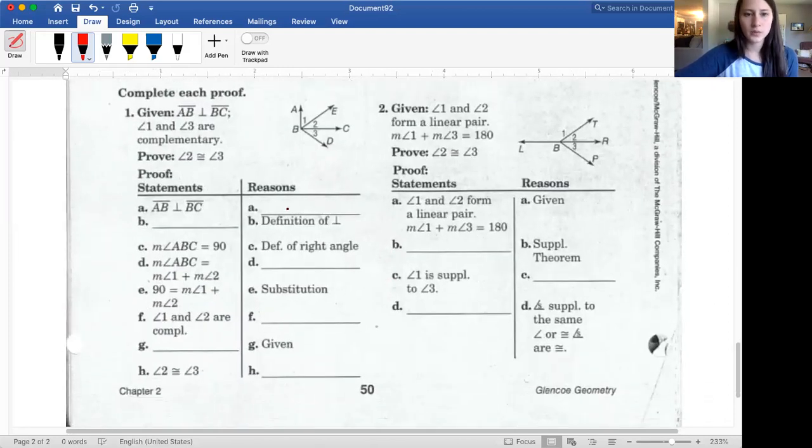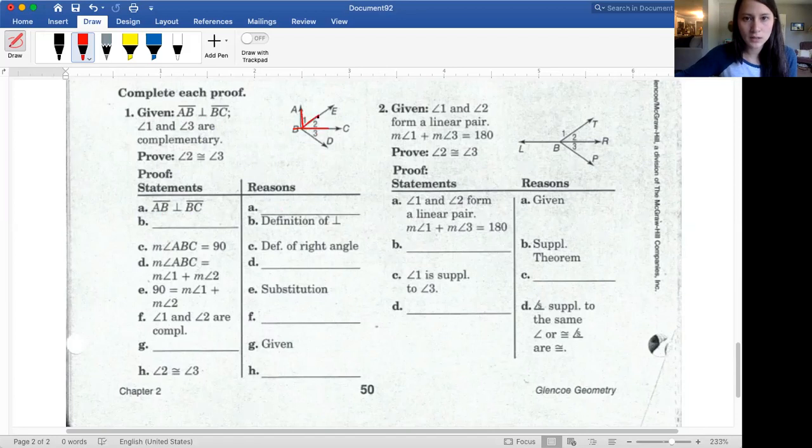Let's take a look at this one here. We've got partial parts of the proof that's filled out for us, so we're just really going to either give the reason or give the statement. Step one, actually, let's take a look at what's given to us first. Given AB and BC are perpendicular, and angle 1 and angle 3 are complementary.